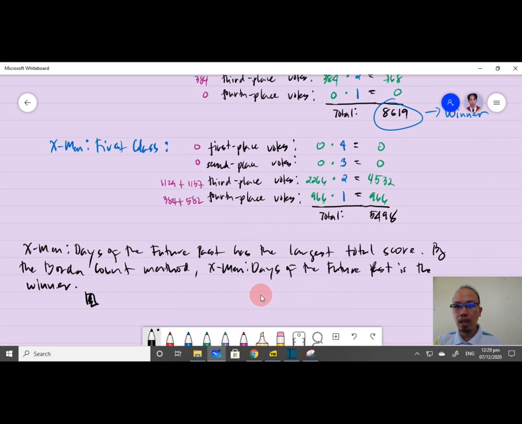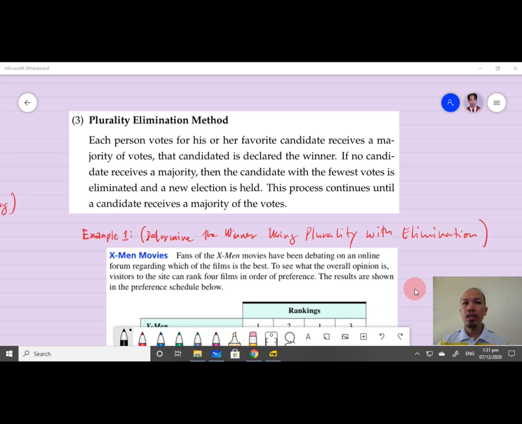In the next lecture, we will be discussing the third method of voting. This is what we call plurality with elimination. This method is similar to number 1.